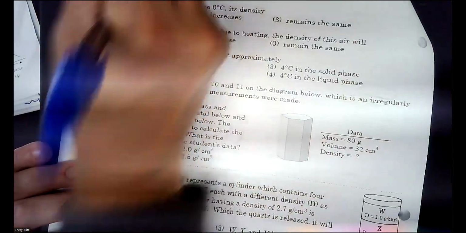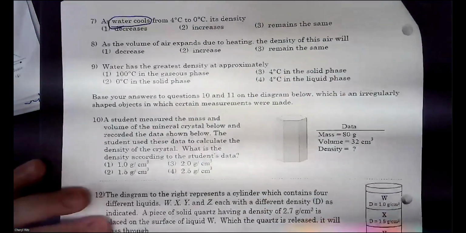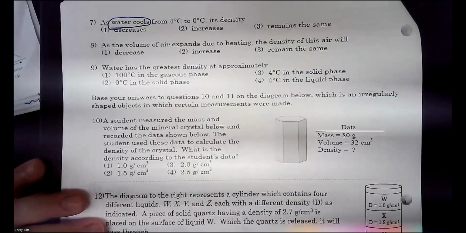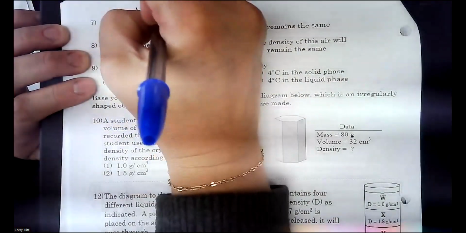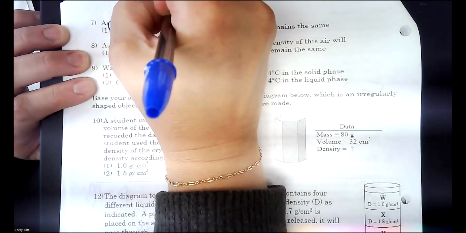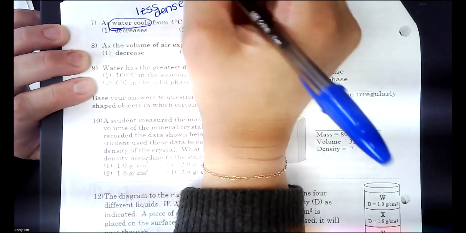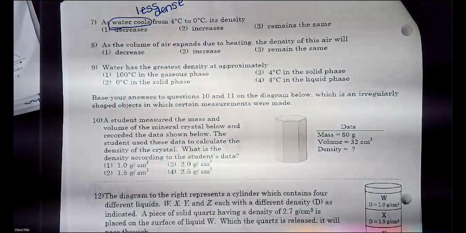Now be careful with question 7. It is talking about water. Why is water, knowing that it's water, important? What do we know about water? Water does the exact opposite.